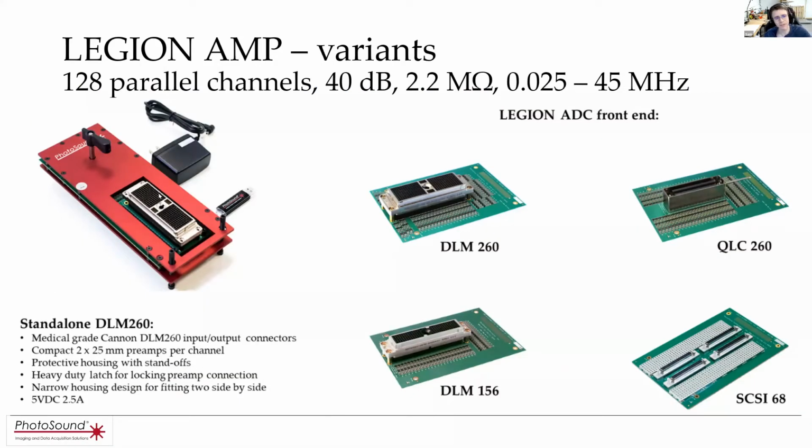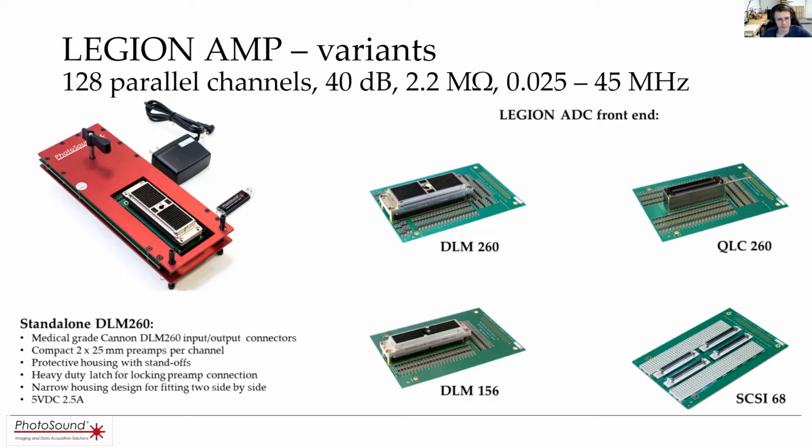These are the two different options that we have for our Legion amp. On the left side is our modular OEM product version, where it has a DLM receptacle on top, and a DLM plug on the bottom.